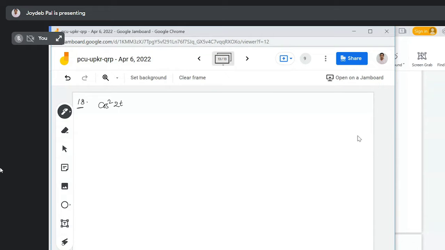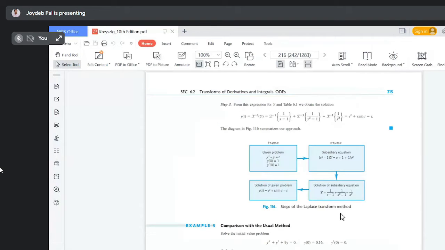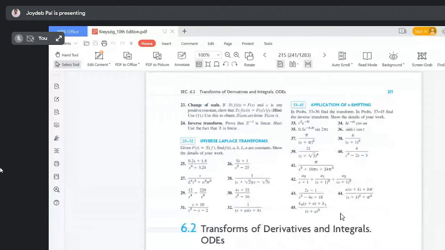In 6.1 also we have seen this type of problem. Laplace transform of this. How to solve it? In 6.1 also this type of problem was there.